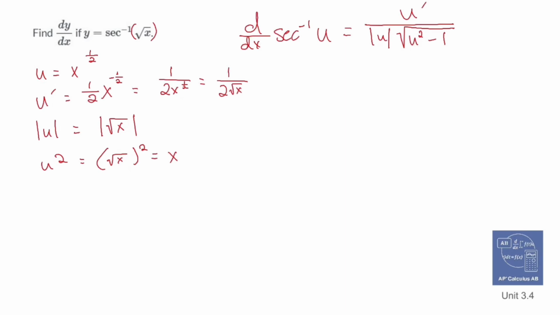So now that I broke all this down and wrote it into different parts, y prime is going to be this put together. So the numerator is going to be 1 over 2 root x, and the denominator is going to be the absolute value of root x times x.